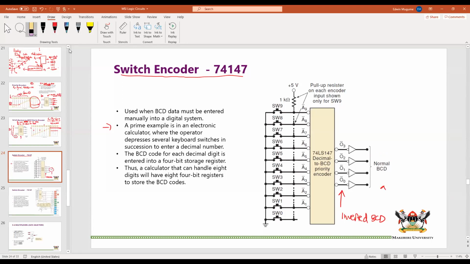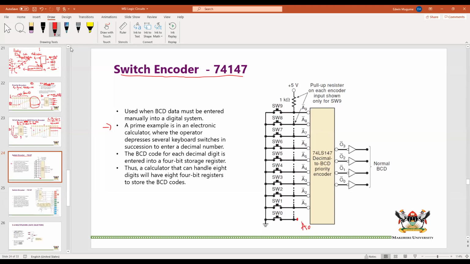So this is based on the encoder that we have just looked at. Now let us see its inputs. These inputs are coming from A1 to A9. Usually A0 would be here, but as you can see, it is not connected, okay? Because we know that when all the others are inactive, we encode for A0 anyway, whether we have connected it or not. So we really don't need to.